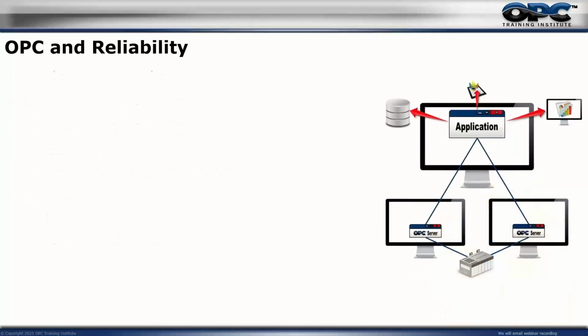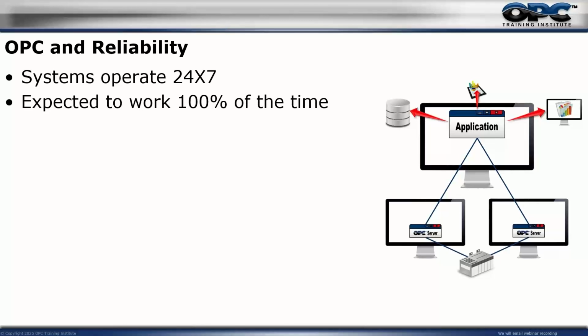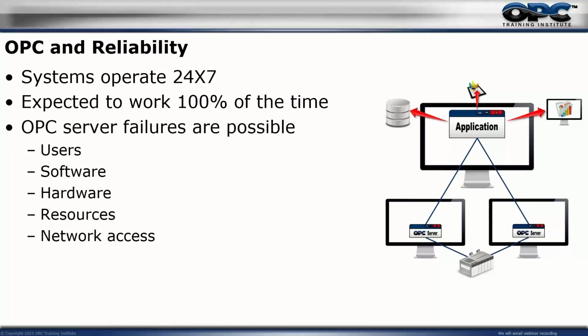Okay, let's have a look here at the problem we've got. In automation, obviously our systems are operating 24/7. They are operating all the time, and they're expected to work all the time, 100%. And they're kind of out of sight and out of mind.